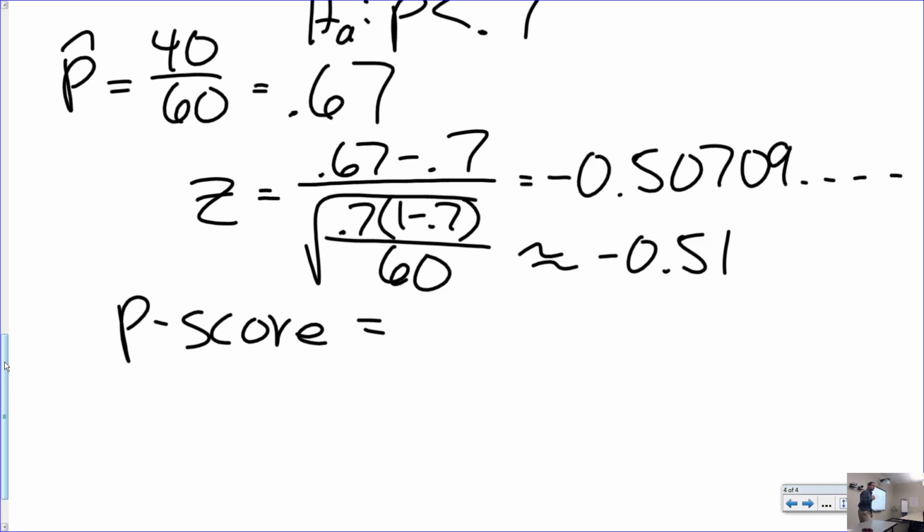Table A. 0.3050. Is my p-value less than my alpha? Is it less than 0.05? Definitely not, right?